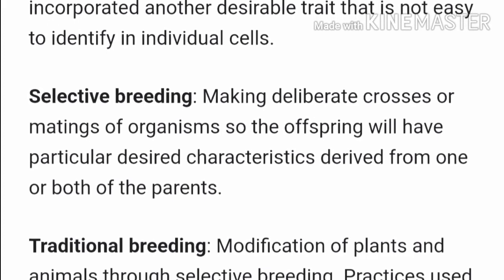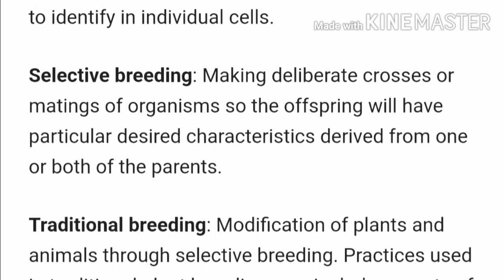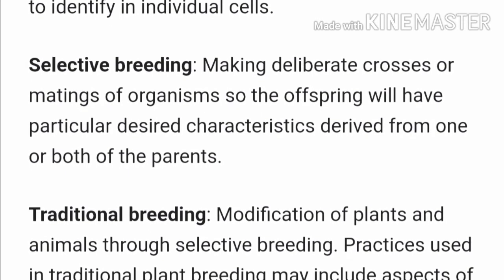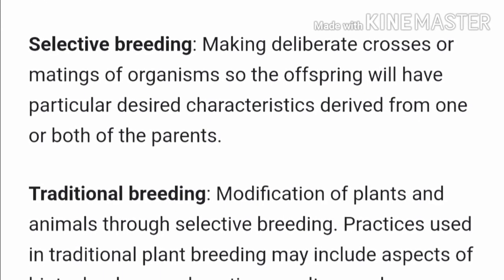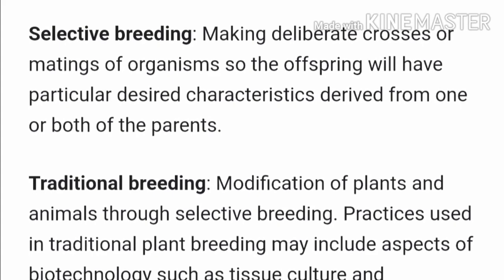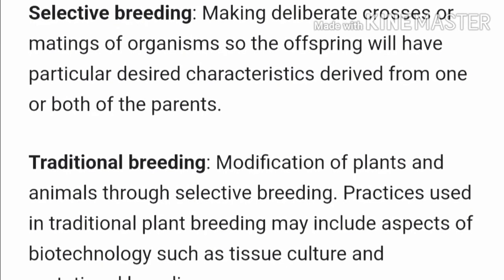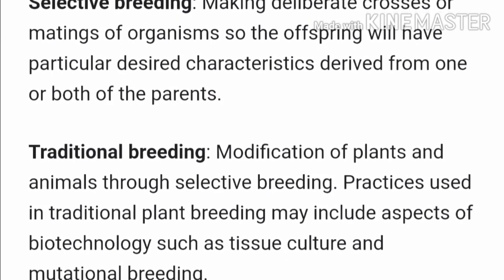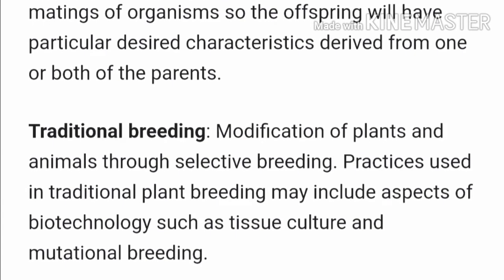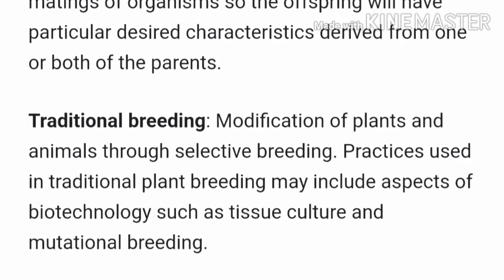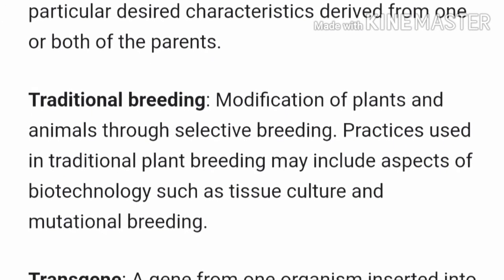Next, selective breeding, making deliberate crosses or matings of organisms so that offspring will have particular desired characteristics derived from one or both of the parents. Now next, traditional breeding, modification of plants and animals through selective breeding.